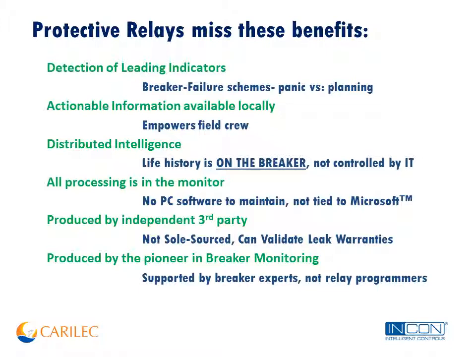All that protective relays can really offer you is to tell you when it's already failed. A breaker failure scheme really is more of a panic alarm versus a planning tool. So it's really not that valuable. Okay, so the optimizer gives you actionable information available locally to the field crews that can use it right away.